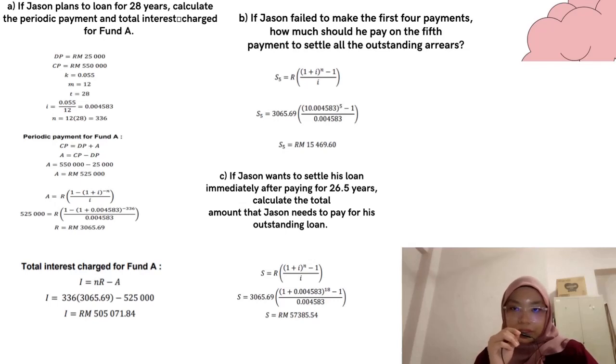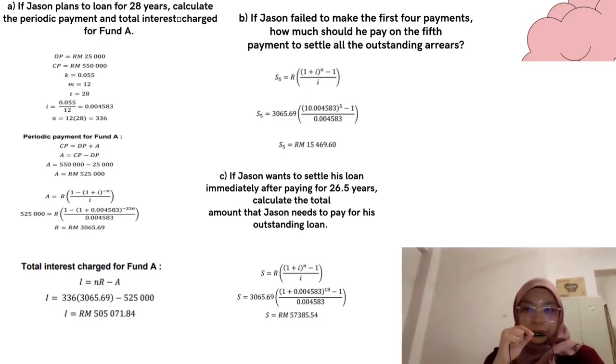Substituting the information given, S equals 3,065.69, open the bracket, 1.004583, close the bracket, 5 minus 1, divided by 0.004583, which gives a total S of 15,469 ringgit 60 cents.